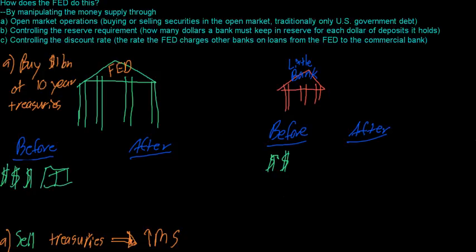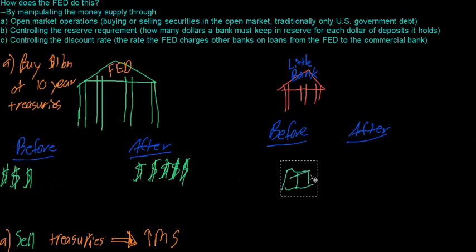So what happens? The bank moves some of their dollars, so we'll erase those. It moves these dollars over to the Fed. So now the Fed has dollars, even more dollars than it did before. So I'll write 5 of these. And the treasury goes over to the bank.